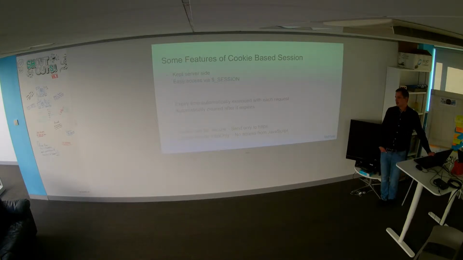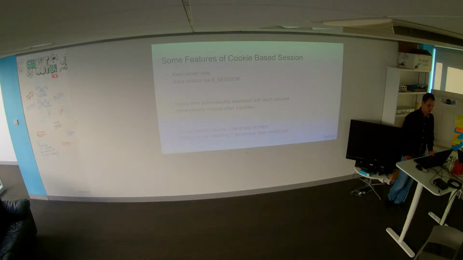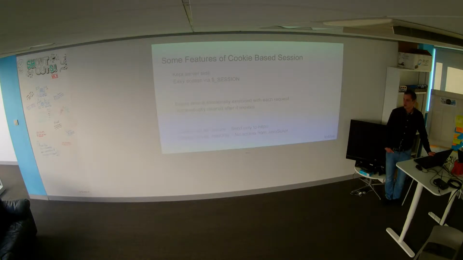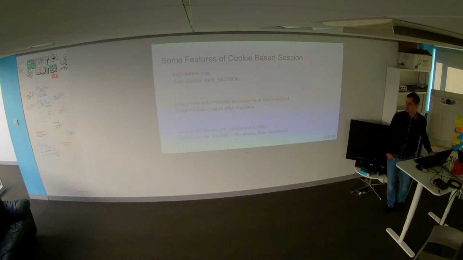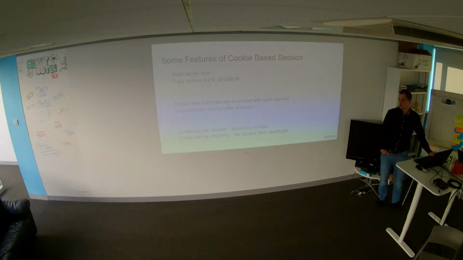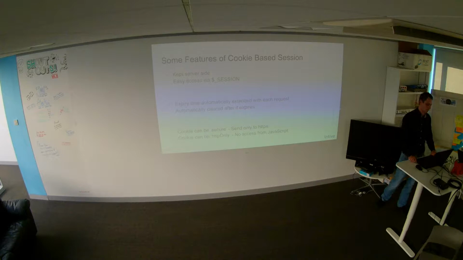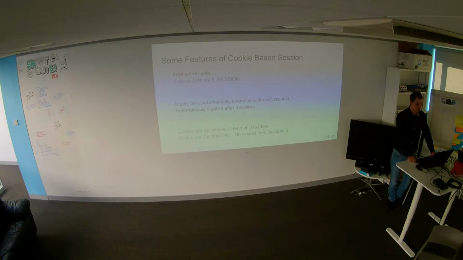Because the ID is sent in a cookie, all modern browsers support additional security measures for this ID not to be easily stolen. So you can say a cookie is secure, that's a flag there, and then browser will not attempt to send it to any request that's not being secured by SSL. And if you decide for this cookie to be HTTP only, which you also should do, then JavaScript will not have access to it. Meaning the first flag protects you from the ID of the session being stolen by anyone in the middle who might be listening to the traffic.